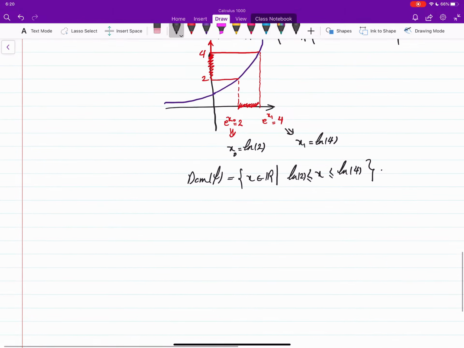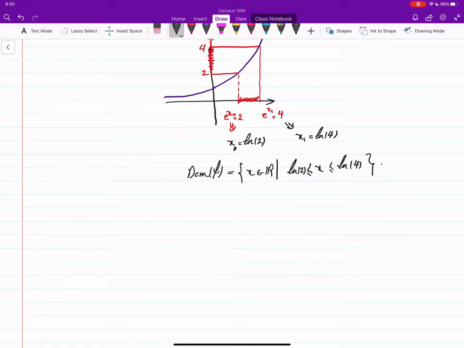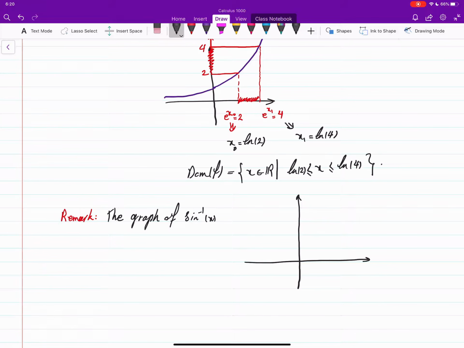And the very last piece is, what is the graph? Remark again, the graph of sine inverse x. Well, sine inverse is the inverse function of sine when it's restricted on the domain negative pi over 2 and pi over 2.